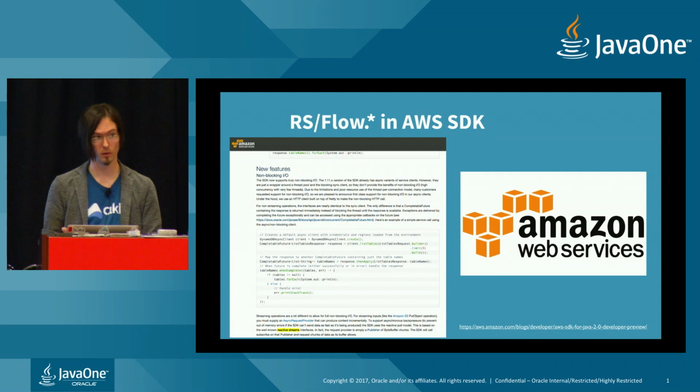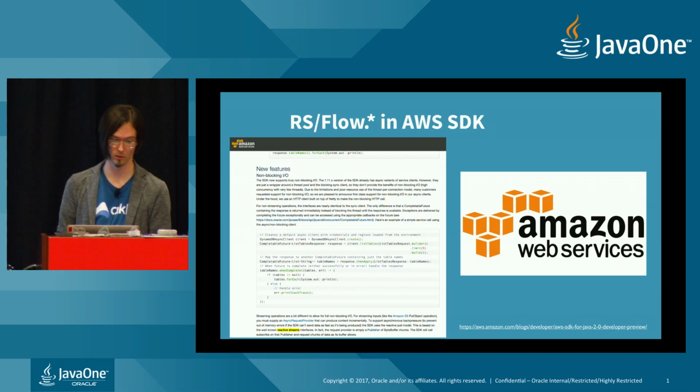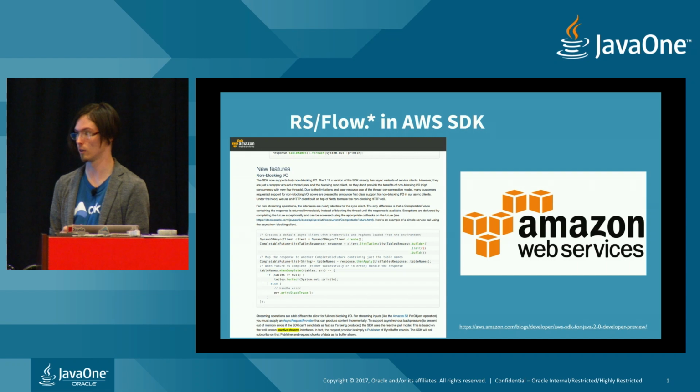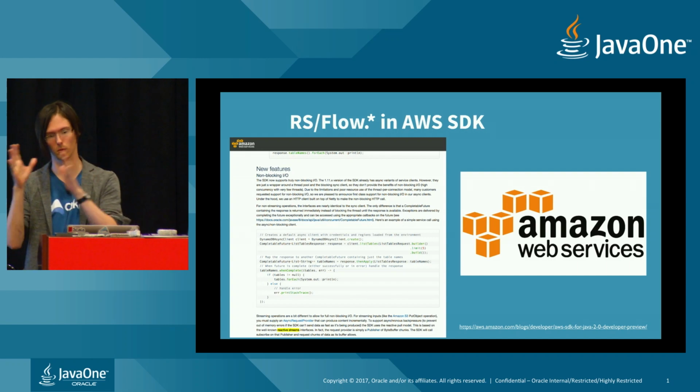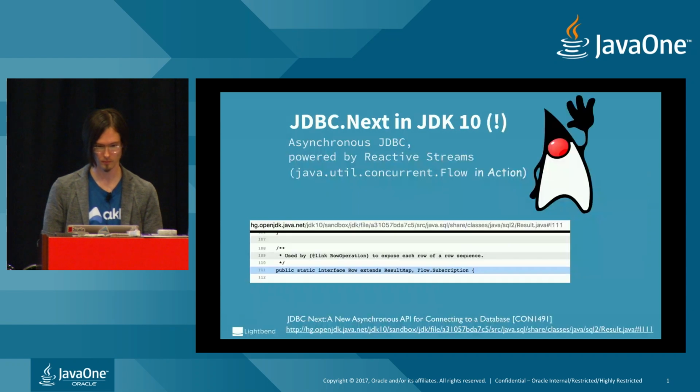And adoption, right? So is this thing actually getting adoption from the big guys? Amazon's official SDK announced they will be basically exposing all of their libraries with reactive streams, and that again means they will be compatible with the JDK types.